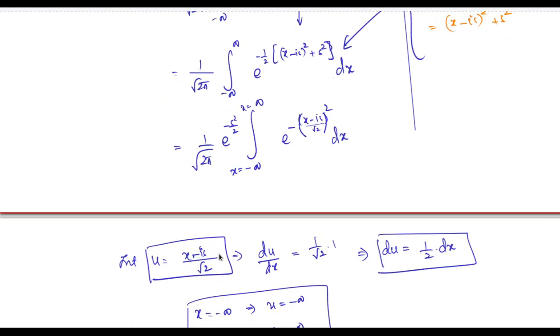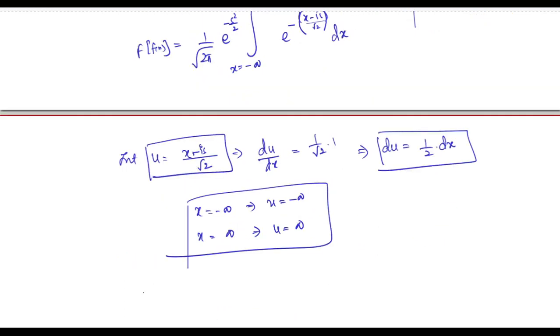Therefore, we'll write this as f of x, and hence we can continue from here. So f of x is equal to 1 divided by square root of pi. By all the substitution, we'll have e to the power minus a square by 2 into integral. Now this time e to the u, from minus infinity to plus infinity.